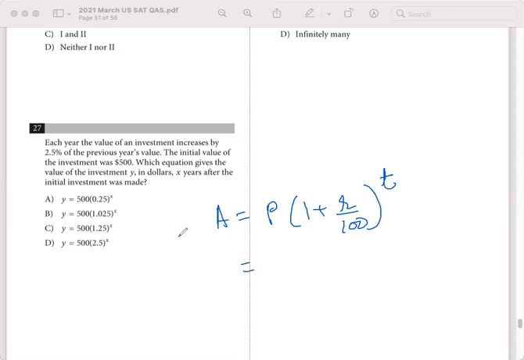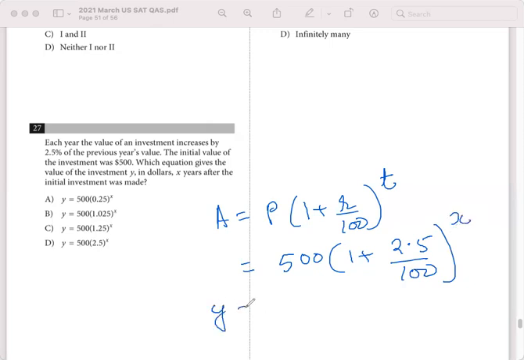So here the initial investment P is 500. The rate of interest is 2.5, and we have to find the value after X years. So Y is 500 into 1.025 to the power X, right? So that's option B. 1 plus 2.5%, so 1.025.